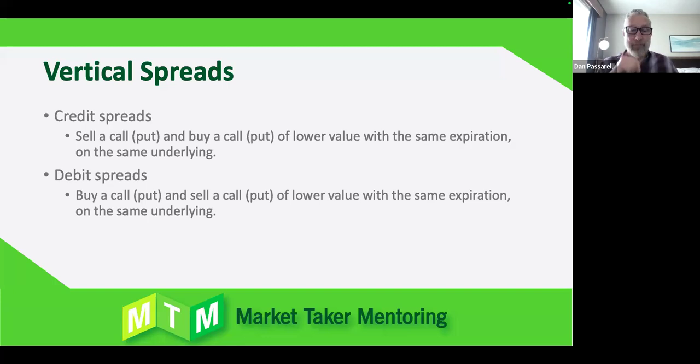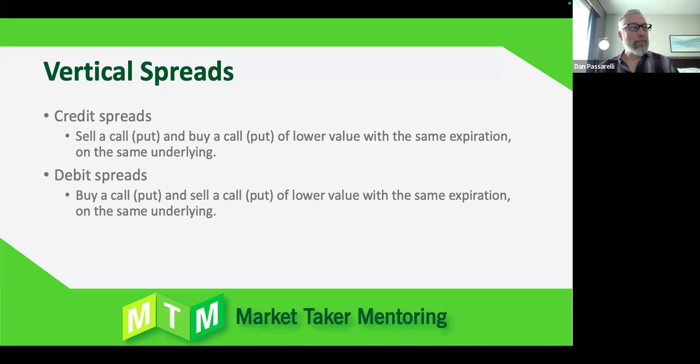It's just vertical on the option chain, how some option chains lay them out anyway. With a credit spread, we're selling the one that is closer to the money, and so therefore has the highest premium. And so when we trade this, it's basically a selling transaction, and therefore we take in a credit when we make the trade.